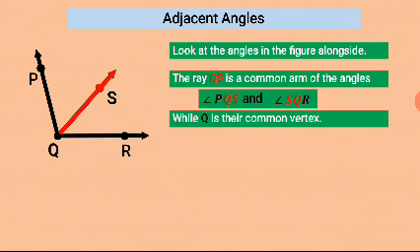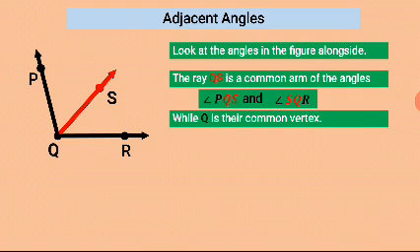See carefully: the interior portion of PQS and the interior portion of SQR. The interior portions of these two angles are different, made by ray QS. QS न त्या दोन अँगलचे इंटेरियर पोर्शन वेगळे केलेले आहेत. But QS is a common arm of these two different angles, and Q is a common vertex.